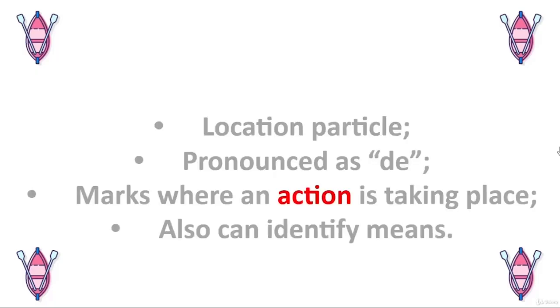Particle de. This is a location particle. It's pronounced as you have already heard, de. It marks where an action is taking place, and it can also identify means. I will explain to you more what I mean by means.